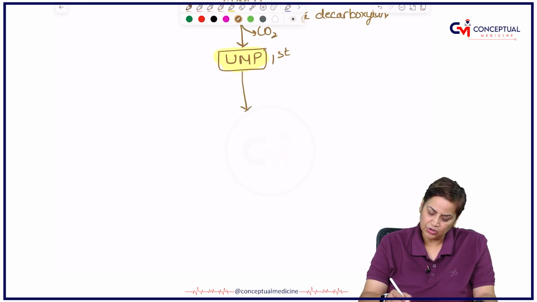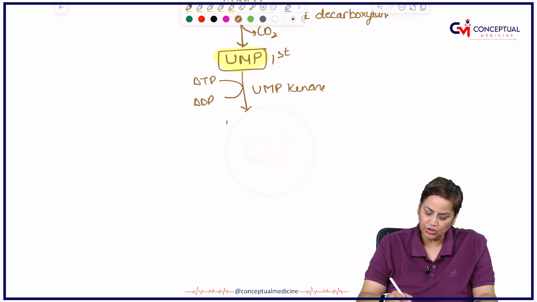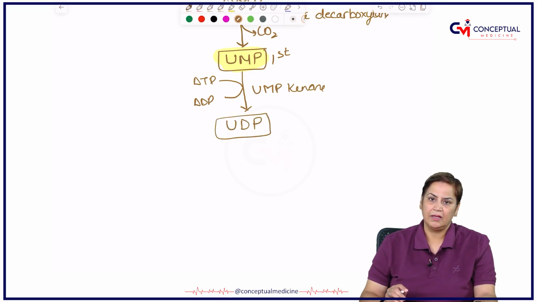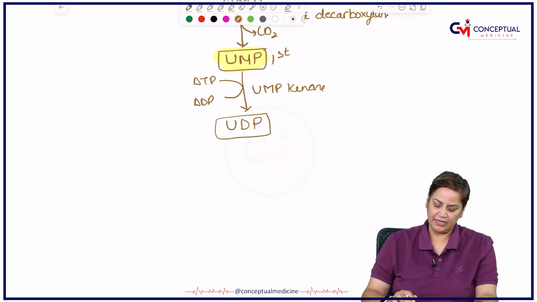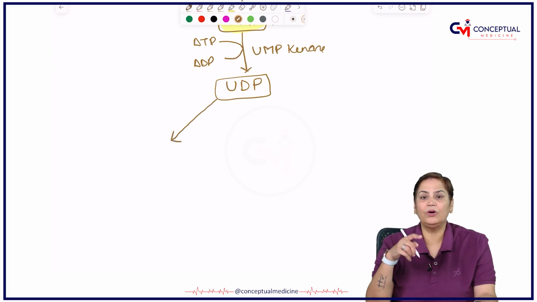The enzyme is UMP kinase, and the donor is ATP. It is going to form UDP, uridine diphosphate.